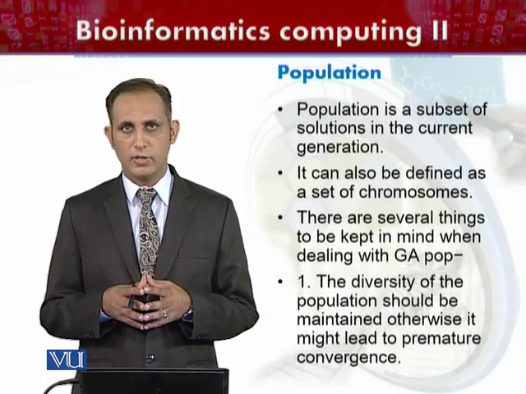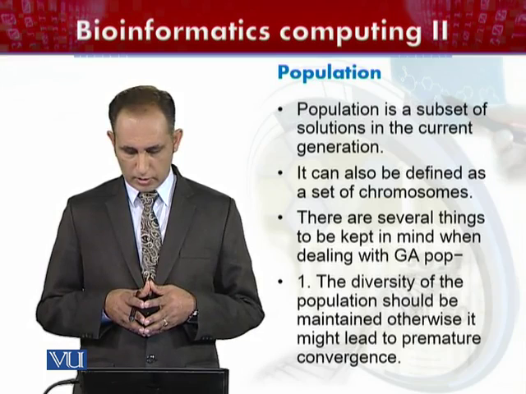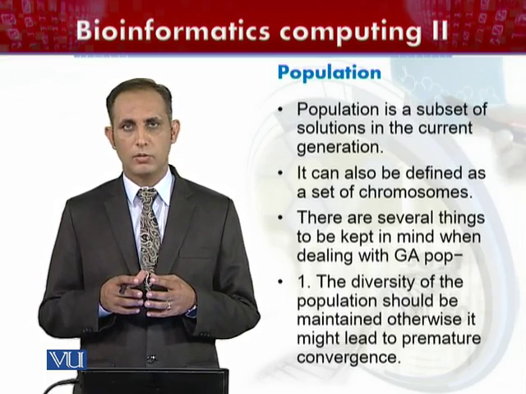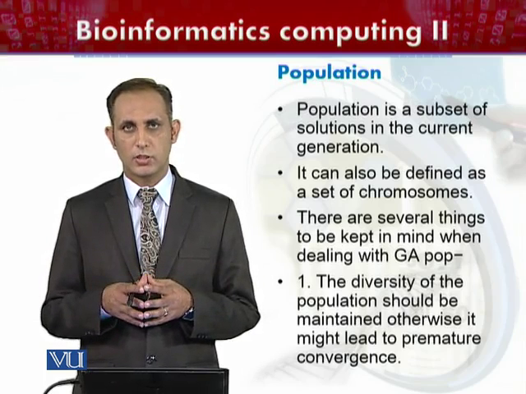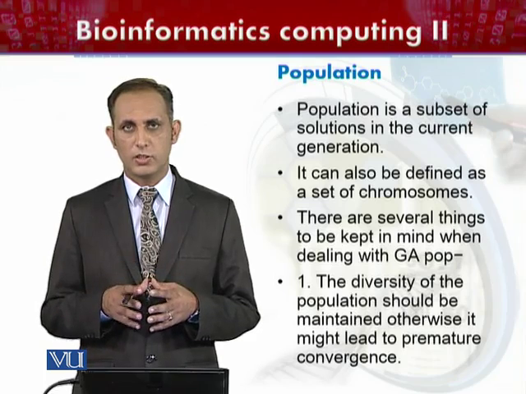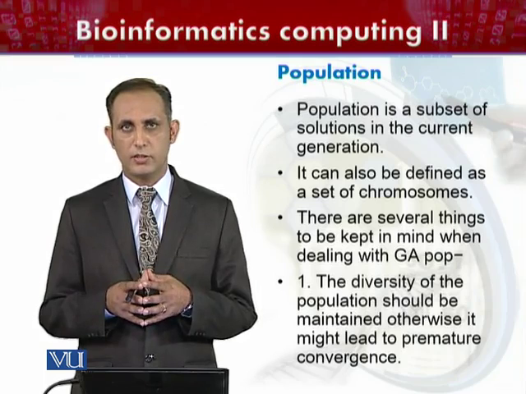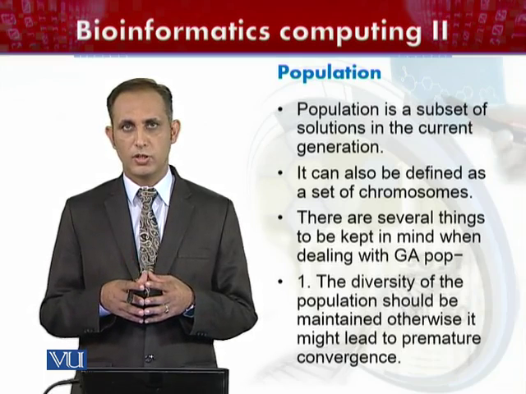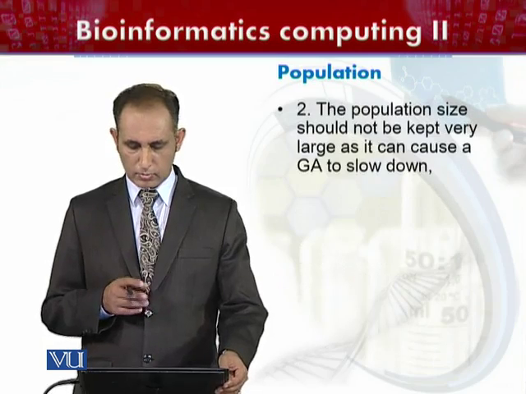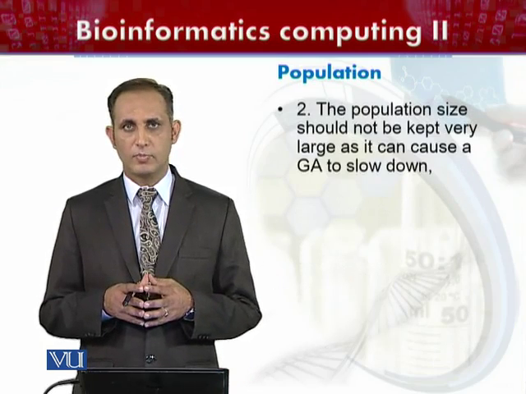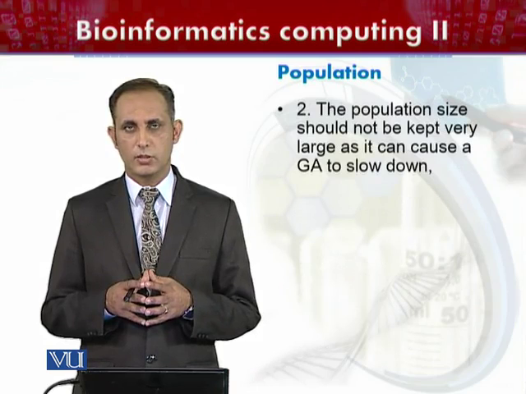Because if we cannot maintain diversity, then this will lead to a premature convergence. So that's why it's essential that diversity in the population must be maintained in any given iteration in that specific genetic algorithm.